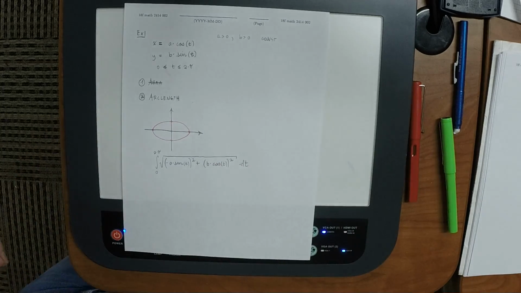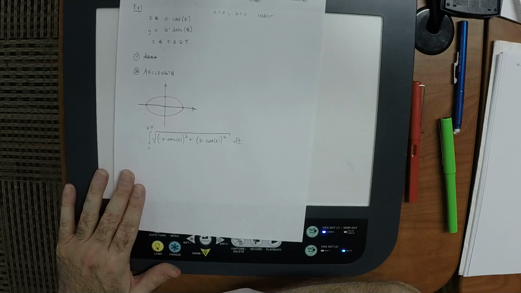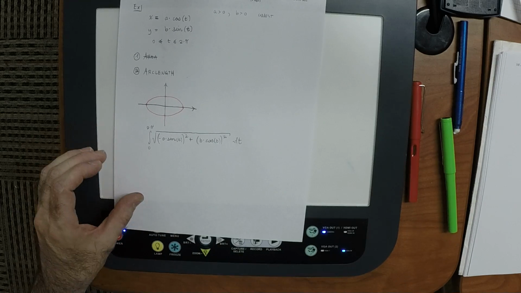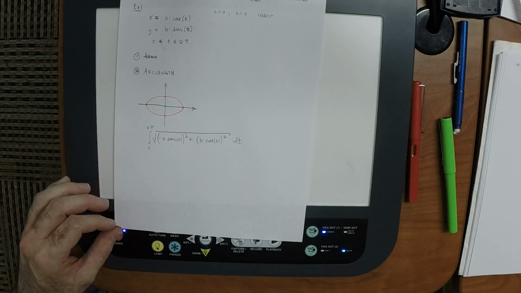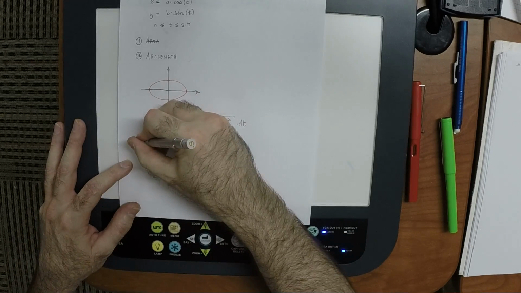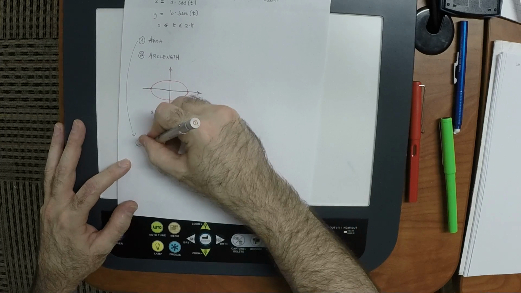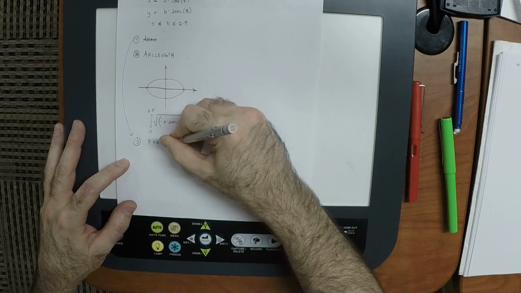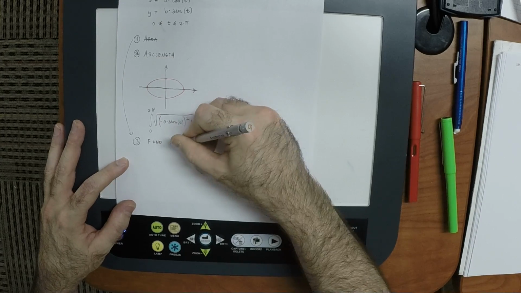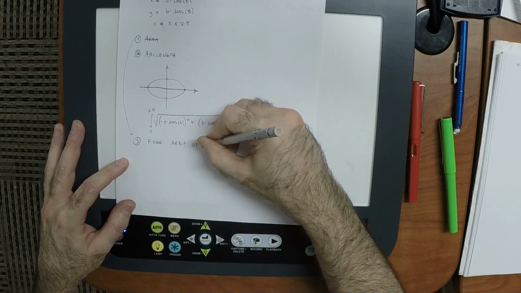So, can you figure out how to evaluate that, assuming a and b are constant? And now suppose that I make a third question, which is a proper way to state this one. I could say find the area of that ellipse.